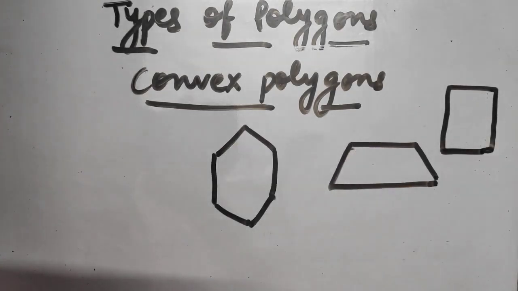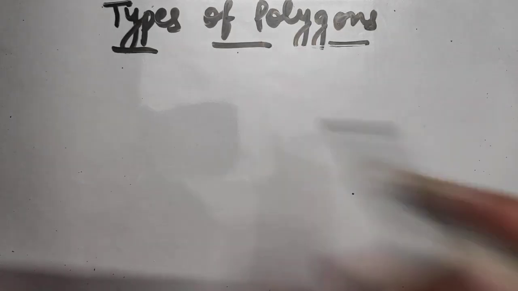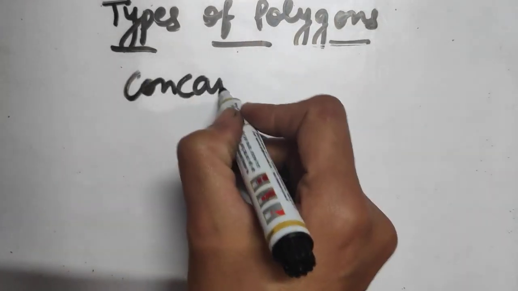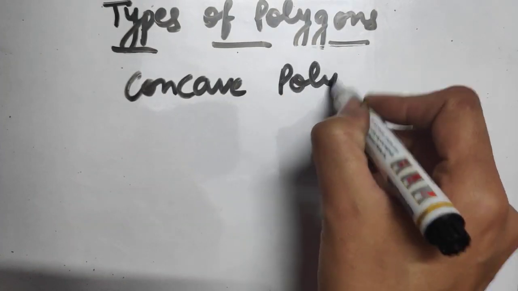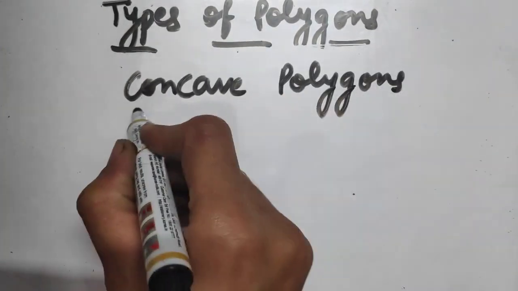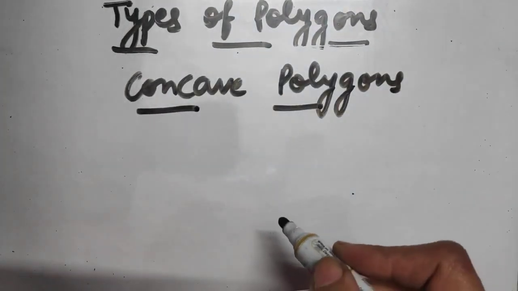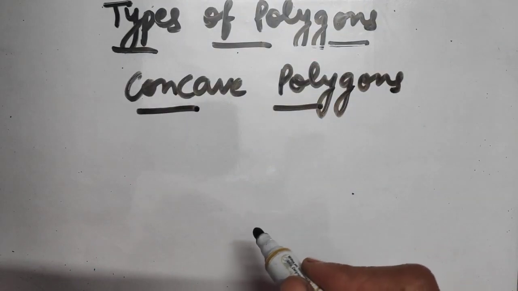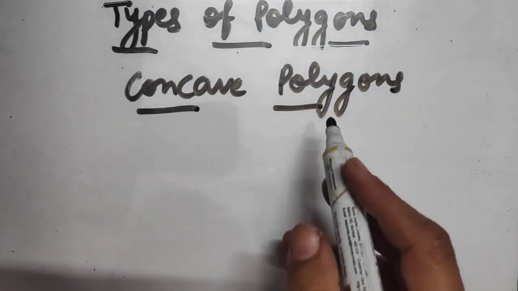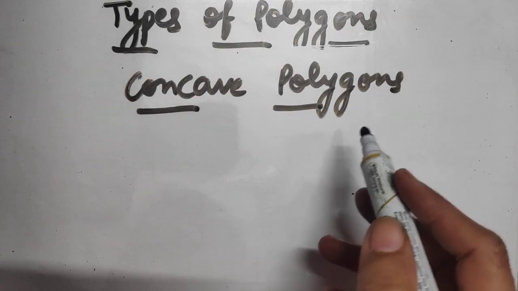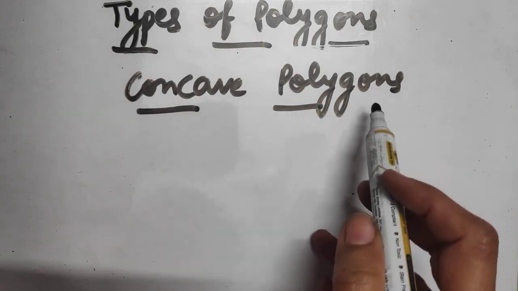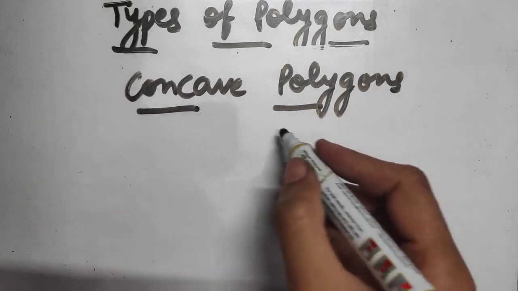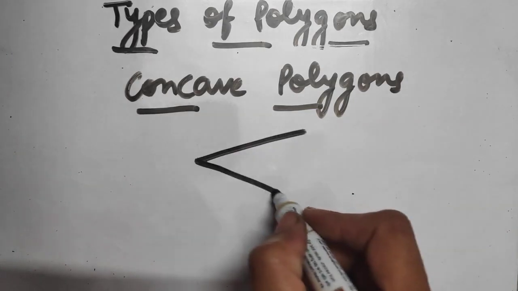Let us talk about now concave polygons. As the definition is, a polygon in which at least one interior angle is greater than 180 degree is called a concave polygon. So the figure can be like this.